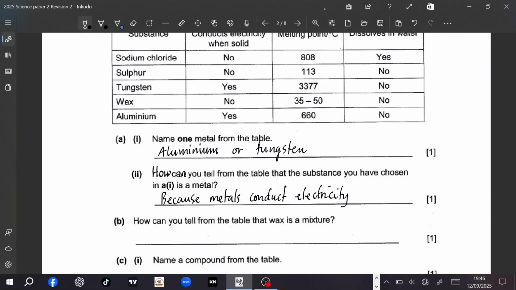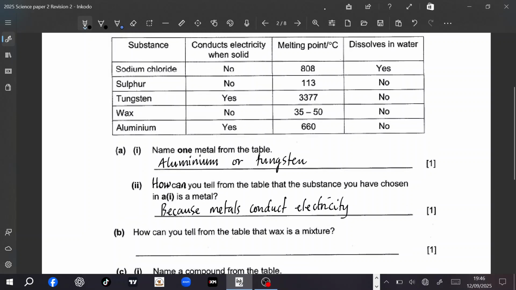When you look at wax here, in terms of melting point, it has 35 to 50. So this is a variable melting point. It starts melting at 35 up to 50. If it was a pure one, not a mixture, it would have just one melting point value. Like water melts at 0 degrees Celsius, that is a fixed number.